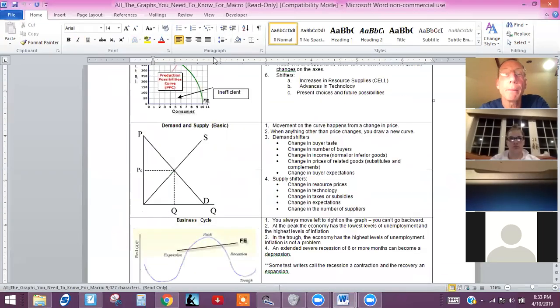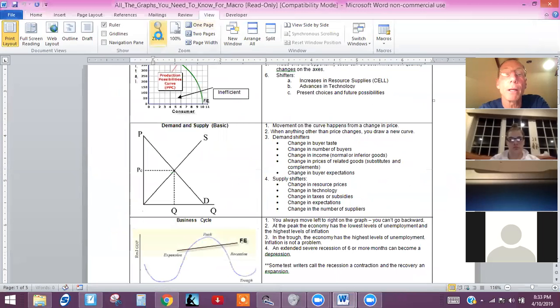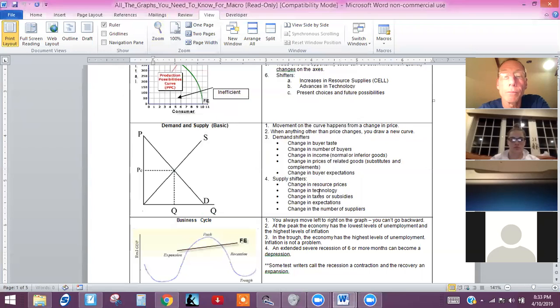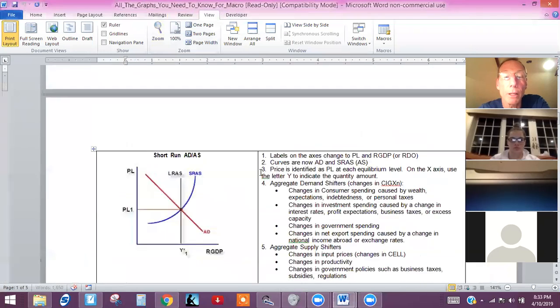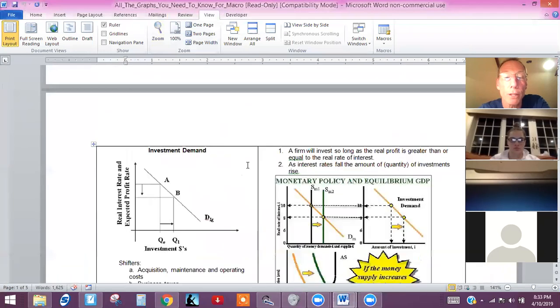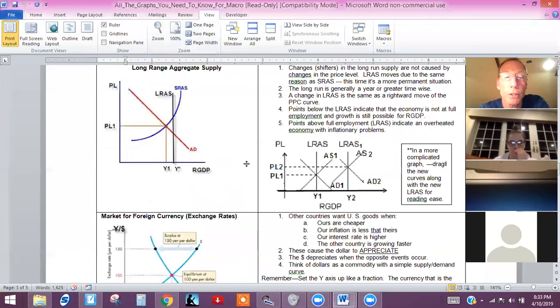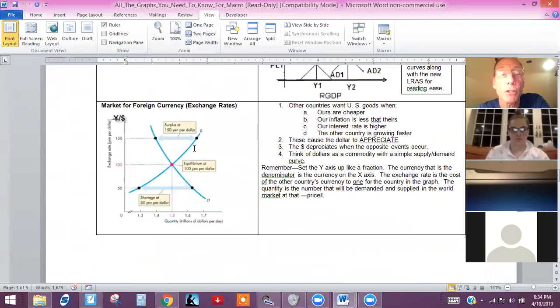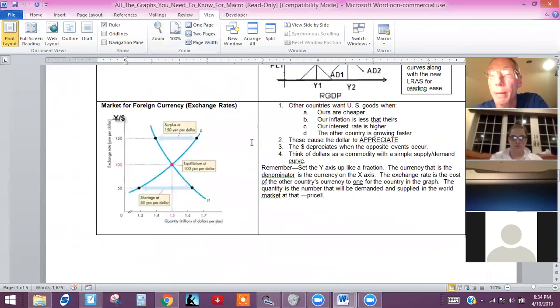If we look at, let me make it larger so we can see it better, the graph for exchange rates, and I talked a lot about this in the assignment video, the exchange rate in a floating exchange market is determined simply by supply and demand, market forces, right?